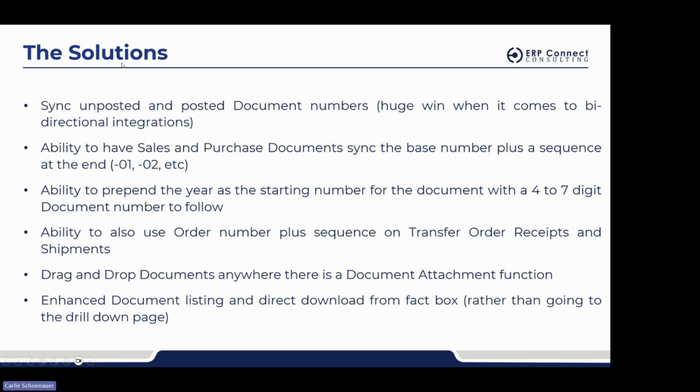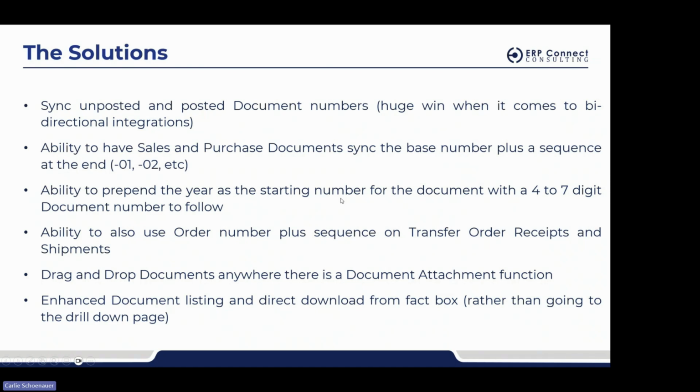So solutions here, and we've covered these with advanced document numbering already: being able to sync unposted and posted document numbers, the ability to have sales and purchase documents sync the base number plus a sequence at the end, and the ability to prepend the year as the starting number.